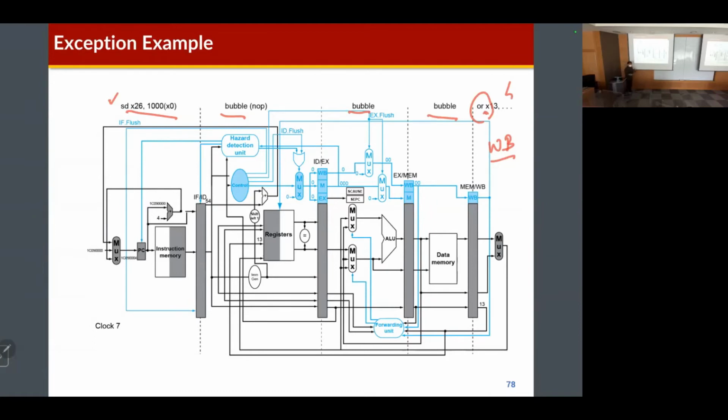It's actually the same. The only difference is that we need to store the program counter of the instruction that causes the exception, and we need to store the cause of the exception. So this PC and cause of the exception are stored in the SEPC and SCAUSE registers, right? And this is the only difference in exception handling in a processor.